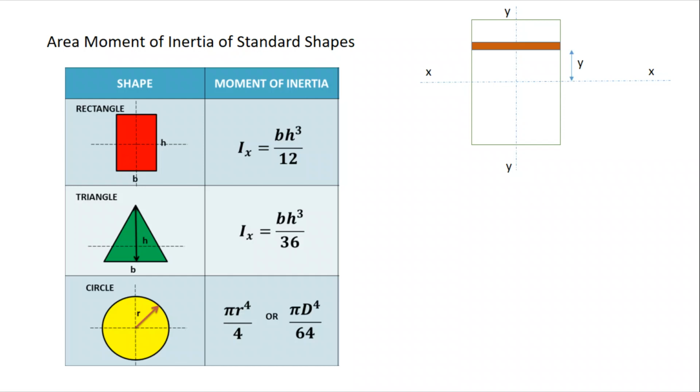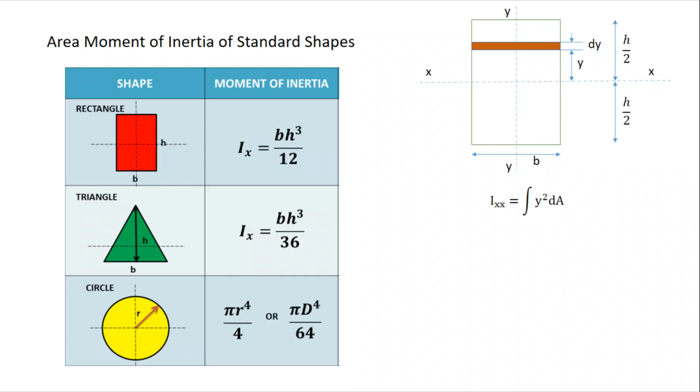Then consider a small elemental strip at distance y from the x-axis, and its height is dy. The rectangle width is b and the height is h. So above the x-axis there is h by 2 and below the x-axis there is h by 2.